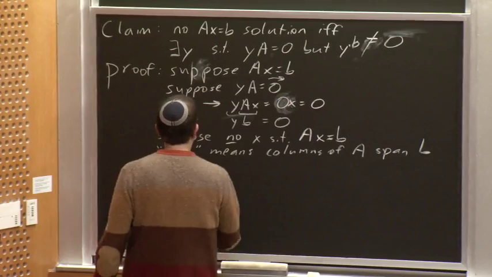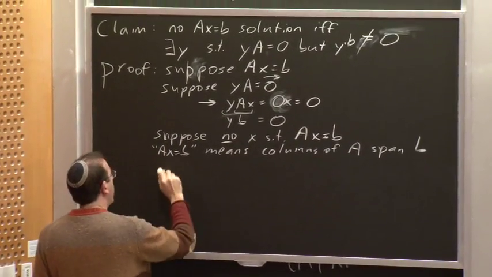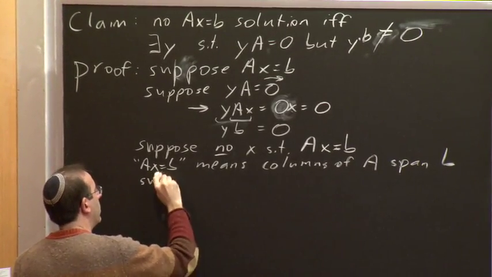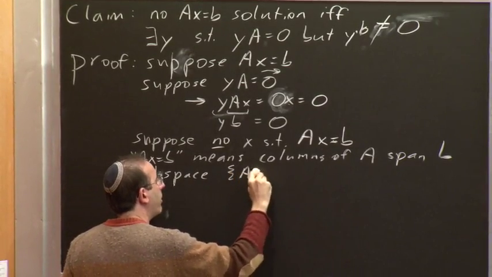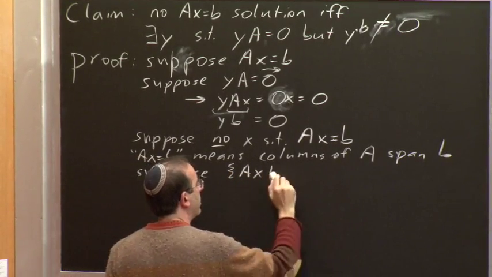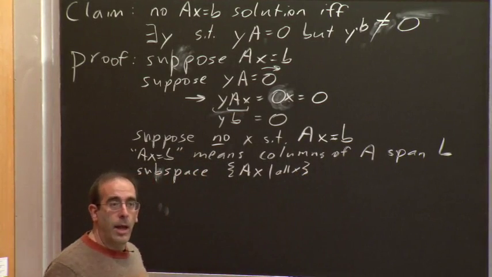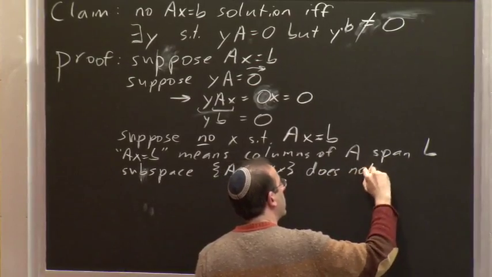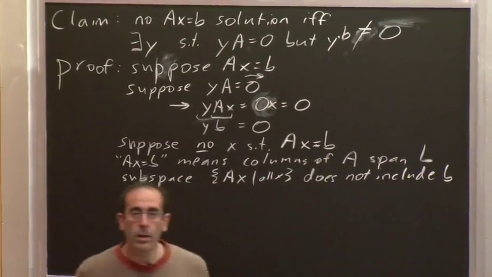So if we tell you that there is no x such that ax equals b, well, we can consider the subspace consisting of all the points Ax. And that set of points does not include b. Right?